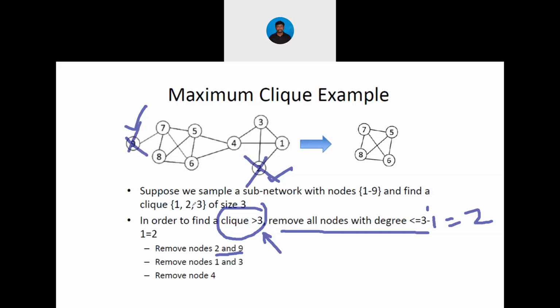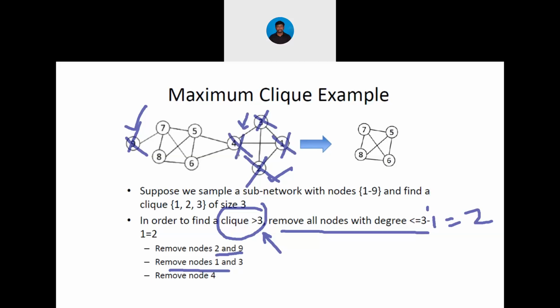While considering another removal here, removing the nodes 1 and 3, right? Since the node 2 has been removed, I am removing the node 1 also. And also 3, since the degree is less than or equal to 3 minus 1. Remove all the nodes with the degree less than or equal to 3 minus 1. And then finally, since I am removing the node 3, there will be no edge to reach the node 4, and hence the node 4 also I am removing.